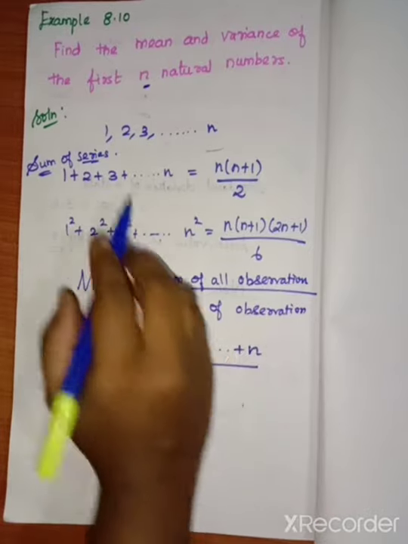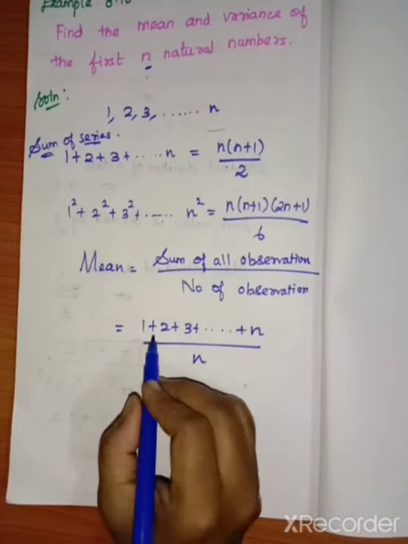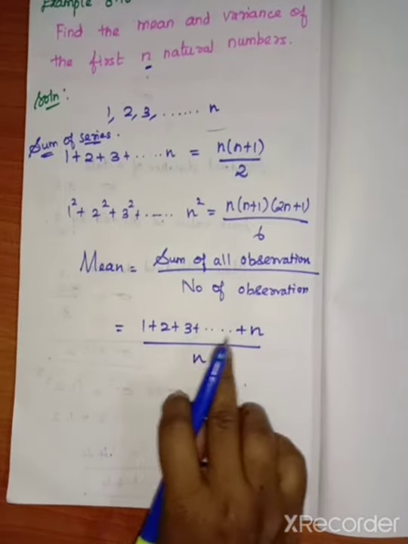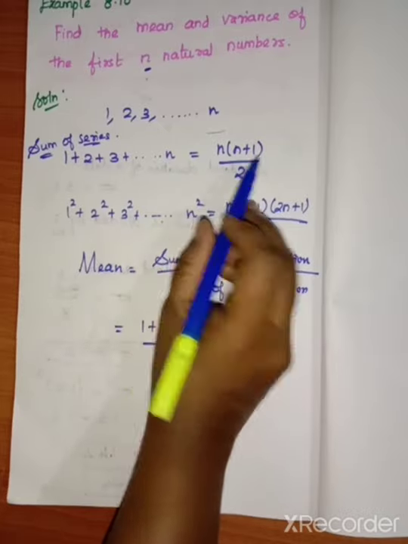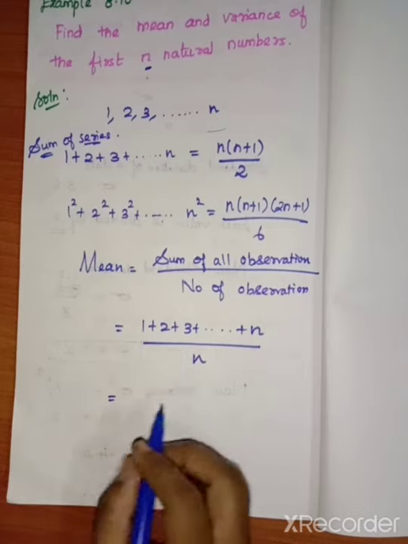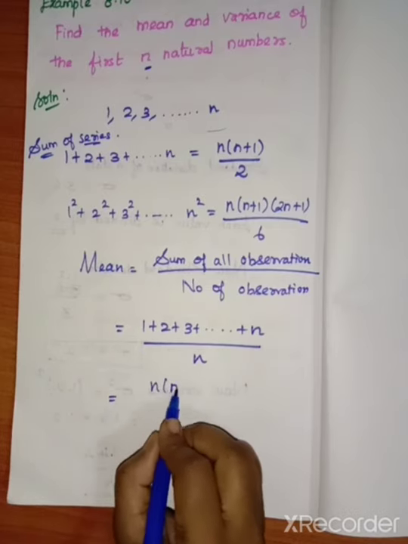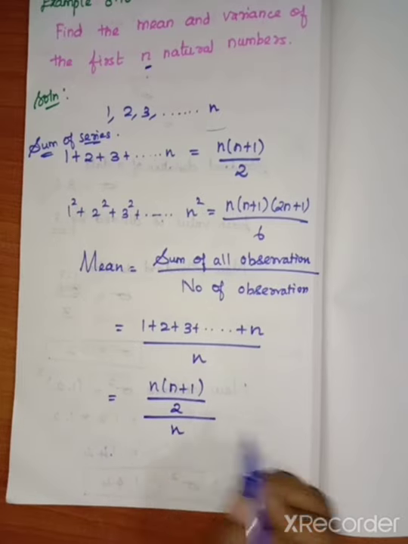The number of observations is n. For 1 plus 2 plus 3 plus 4 etc. up to n, we can use the formula n into n plus 1 divided by 2 for the numerator. So the mean is n into n plus 1 divided by 2 divided by n.